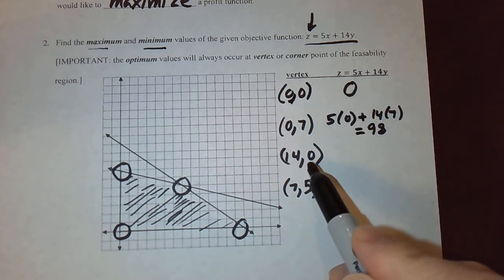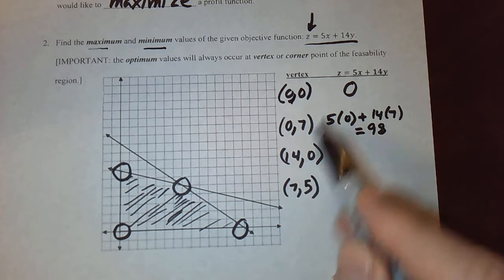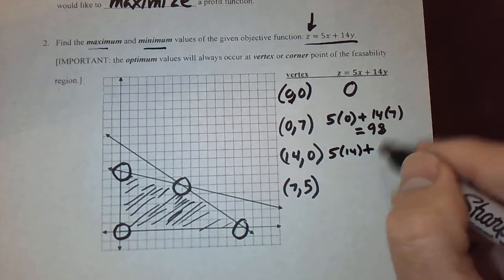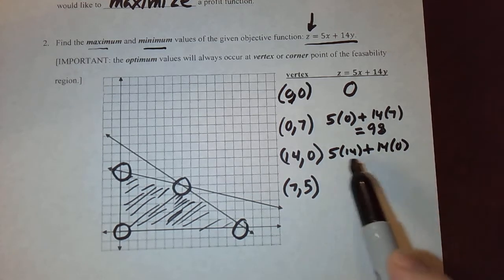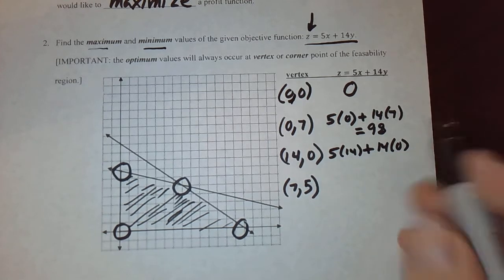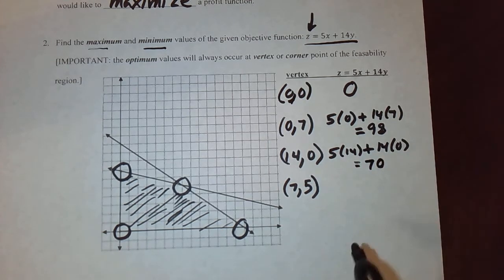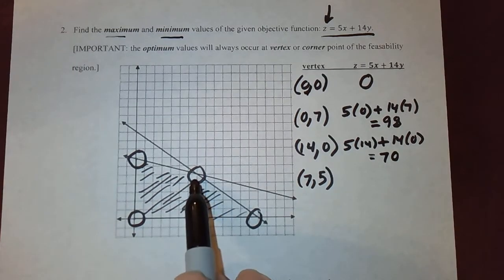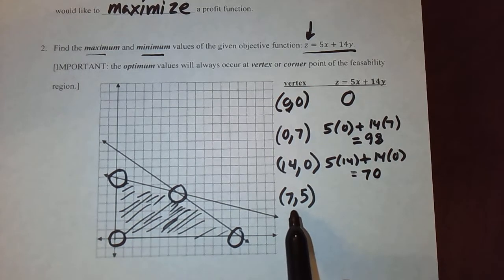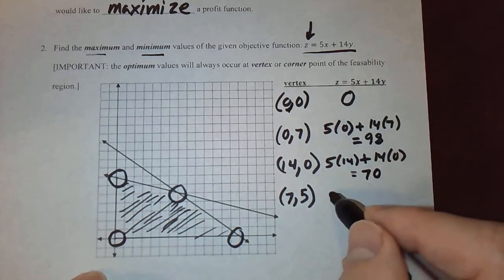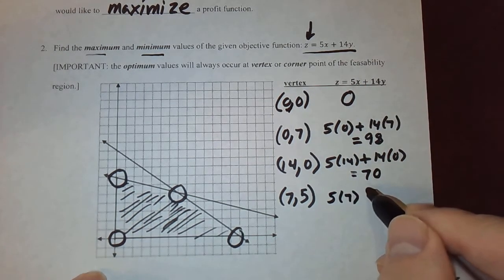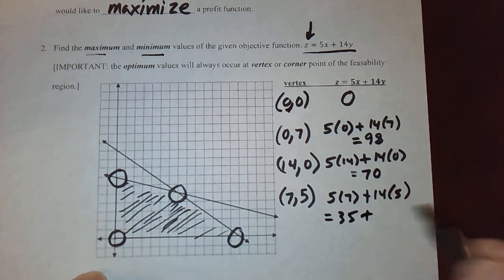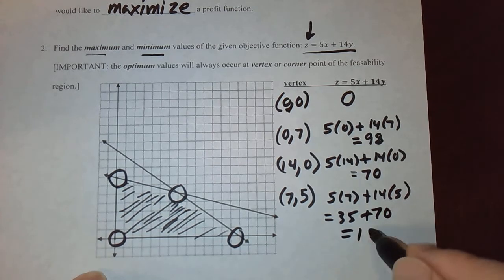And z for the third one would have a value of 5 times 14 plus 14 times 0. 5 times 14 is 70 plus 0. So we get 70 for the third one. And the final one, the fourth one, this point right here, ordered pair 7, 5, would give us a z value of 5 times 7 plus 14 times 5, which is 35 plus 70, which is 105.